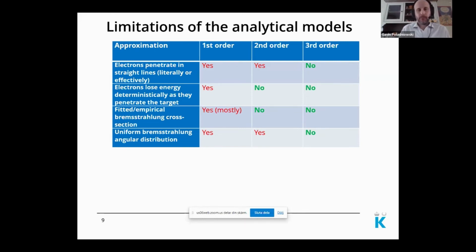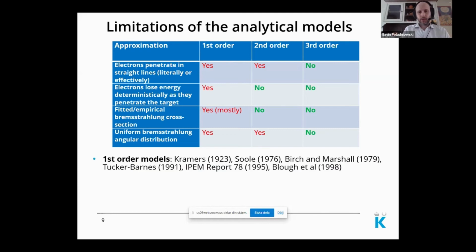So let's discuss the limitations of these analytical models, because they evolved because people wanted quick and easy predictions, which were good enough, but they make some quite big assumptions. The first order methods, which most of these semi-empirical models I would categorize them as, make four big assumptions.